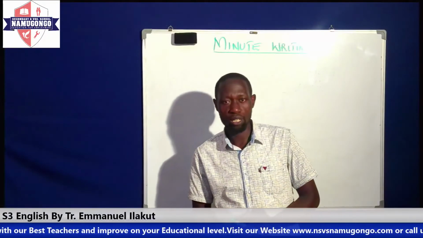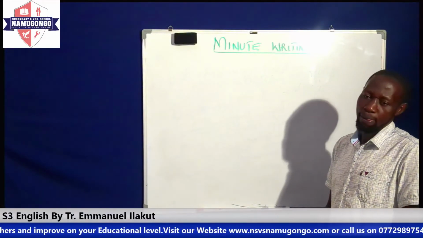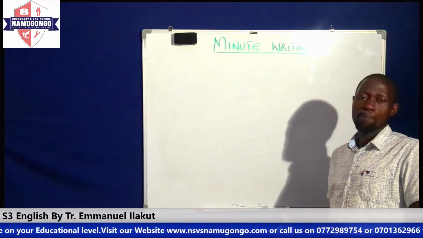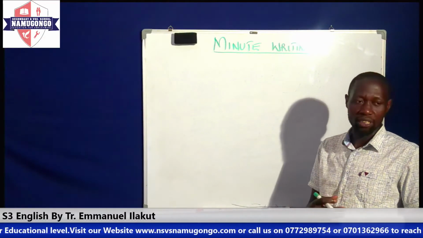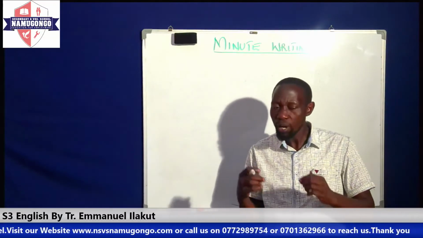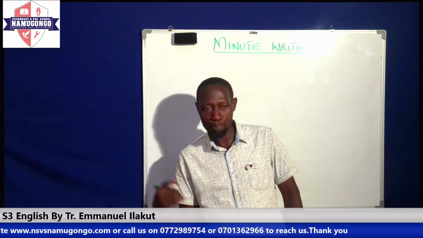Maybe somebody was not able to attend the meeting, maybe absent with apology, or perhaps absent without apology. For us to be able to make that person know what took place in a meeting, the minutes would help.